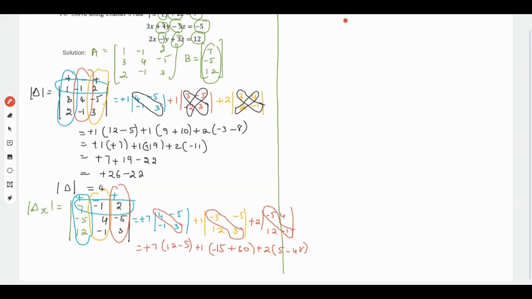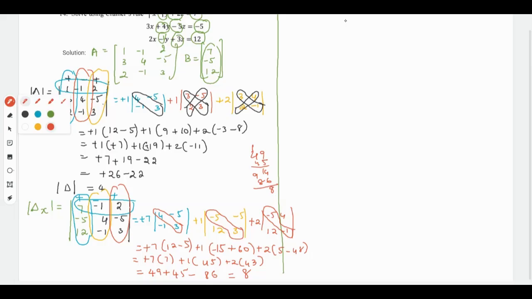So when you simplify this part, we get 7 into 7 plus 1 into 45 plus 2 into 43. So if you simplify, it is 49 plus 45 minus 2 3s are 6, 2 4s are 8. So here we have 49 plus 45 is 94, 94 minus 86. So it will be 8. So the value will be 8. So this is your delta x.